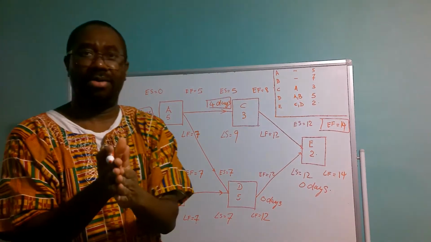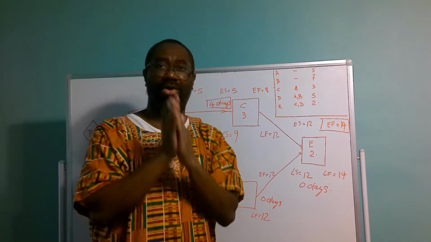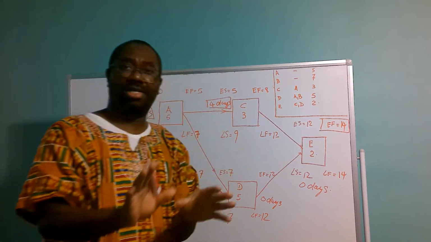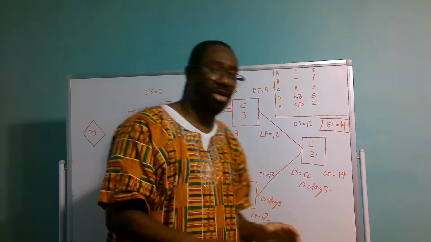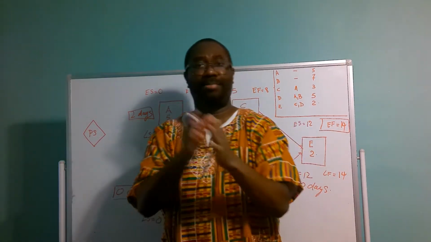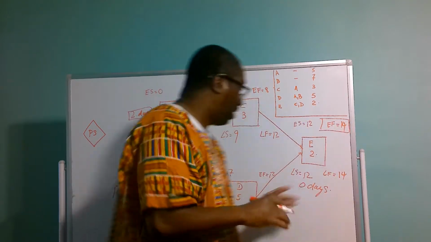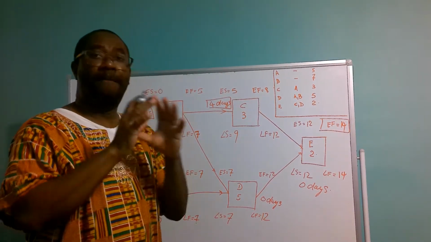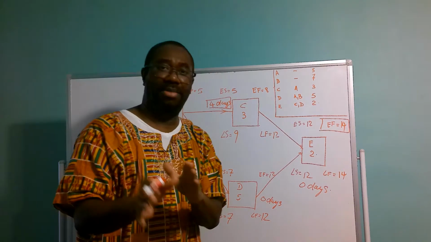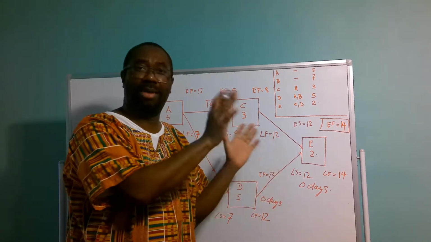So right there, we have calculated the float, and we have also determined the critical path. So remember now, the critical path is the path that has 0 float. That means these activities on the critical path must be completed in the allotted time, as I have stated numerously in my previous videos.